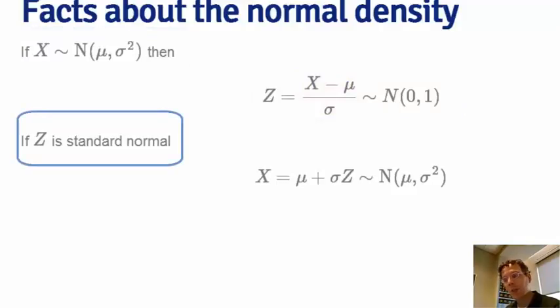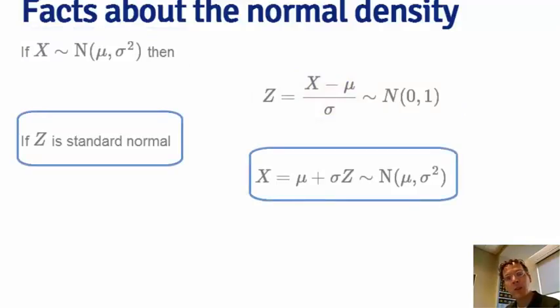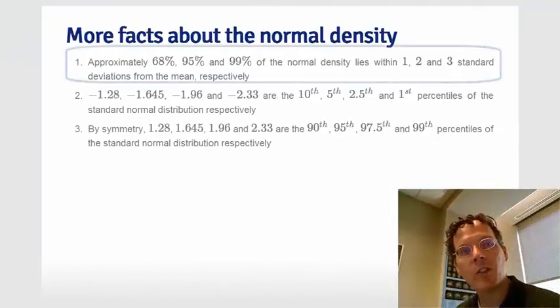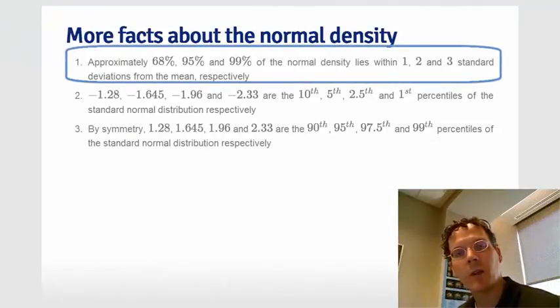Conversely, if we have a standard normal and we convert back to the units of the original data, in other words, we multiply times sigma and add the mean, the resulting random variable x is non-standard normal with mean mu and variance sigma squared. We've already discussed this first bullet point here, that 68%, 95%, and 99% of the normal distribution lies within 1, 2, and 3 standard deviations from the mean, respectively.